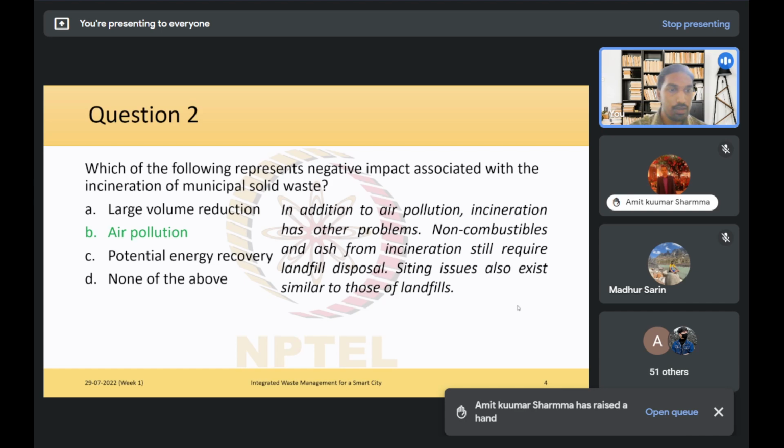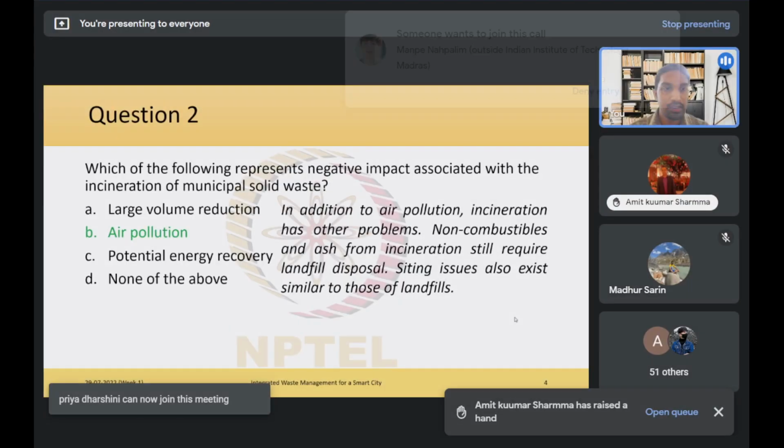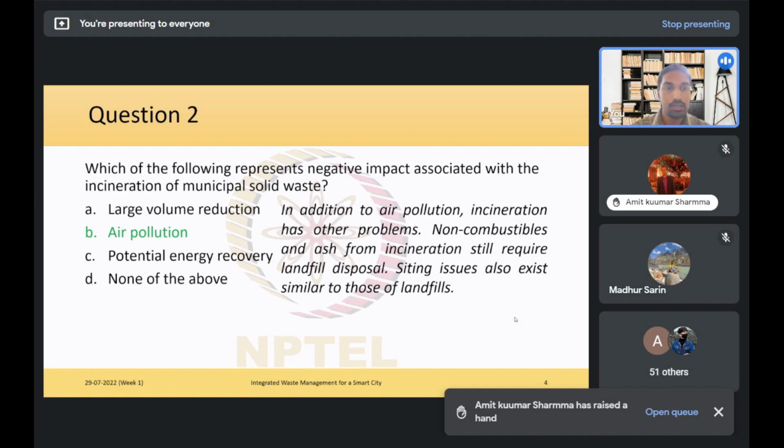Okay, so we have a question about how incineration is performed. Incineration means to combust or to burn the waste materials. We have two major ways of doing it. One is called mass burning, where you first separate out all the non-combustibles to the extent possible, and then you burn the waste directly. In these incineration plants, the waste is fed onto something like a conveyor belt with grates, where air will be supplied, because you need oxygen for incineration.